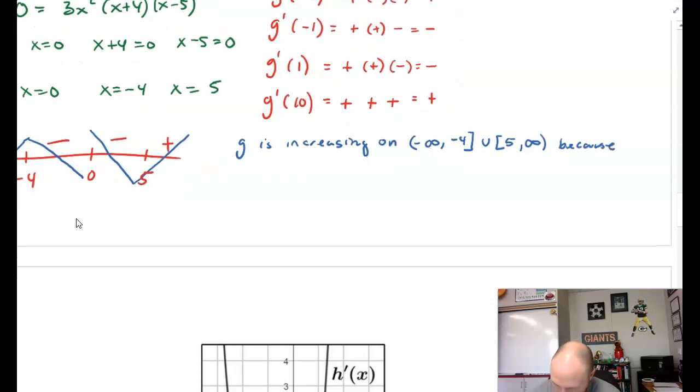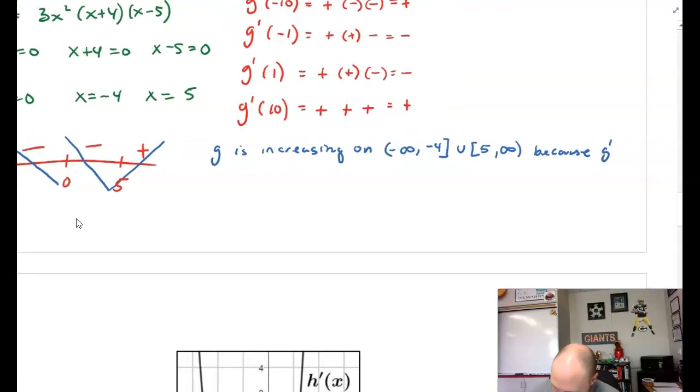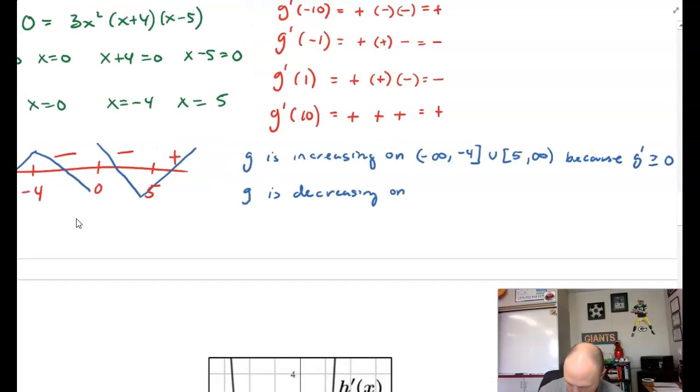because g prime is greater than or equal to 0. G is decreasing on negative 4 to 5. Why? Because g prime is less than or equal to 0.